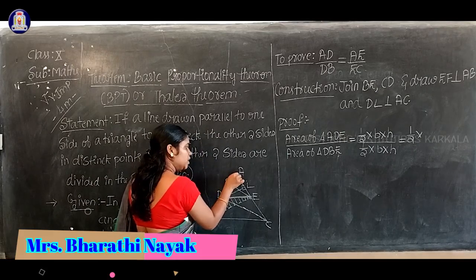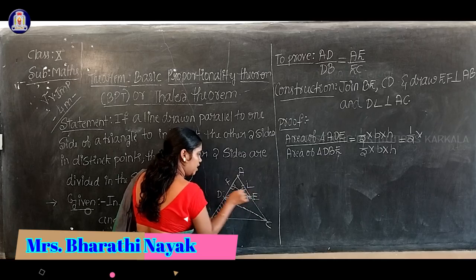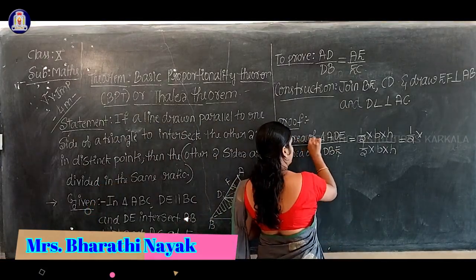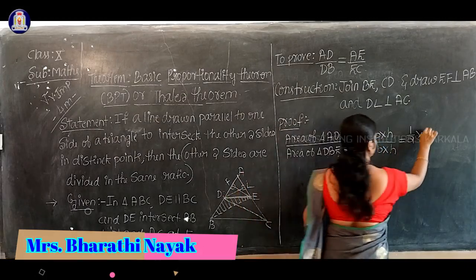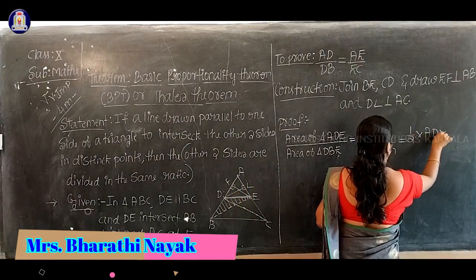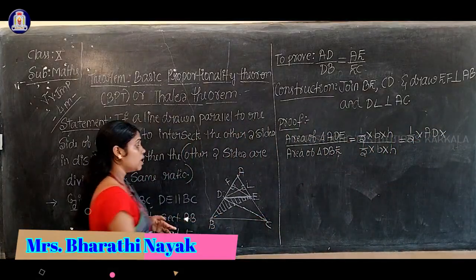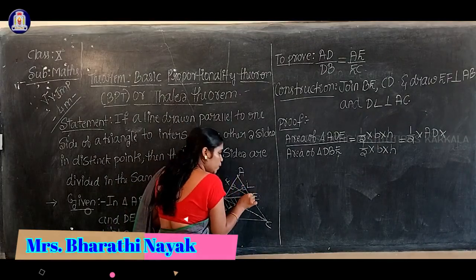So AD is the base of your triangle ADE, into height. What is a height? Height is nothing but a perpendicular length drawn from the opposite vertex.